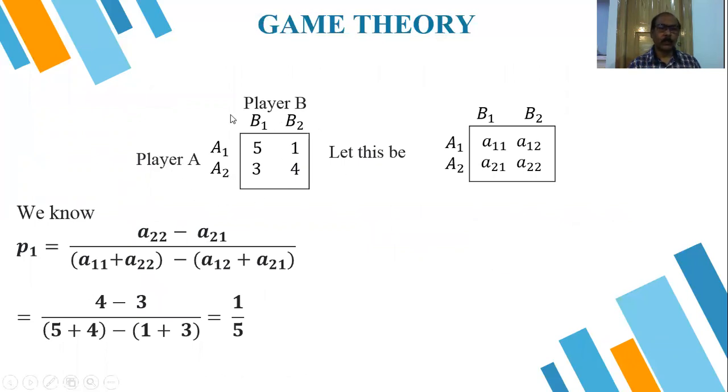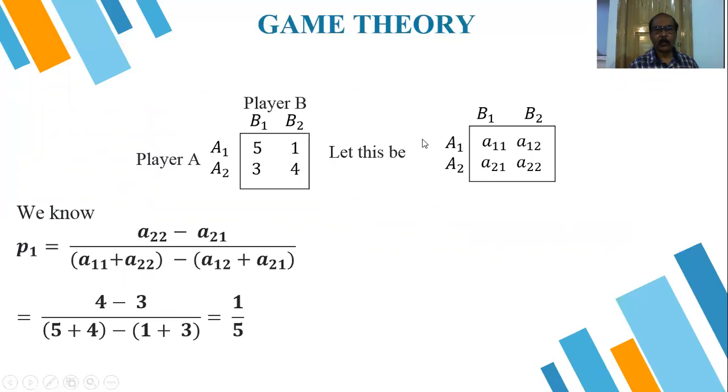So, without making the expectation relation, we can write directly the formula. Now this is in the form A11, A12, A21, A22. So what would be the P1?